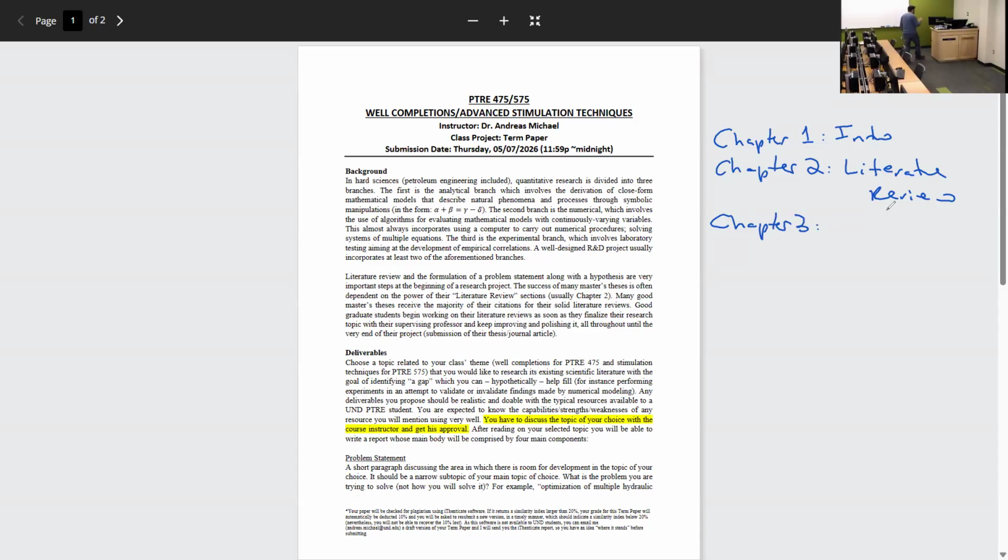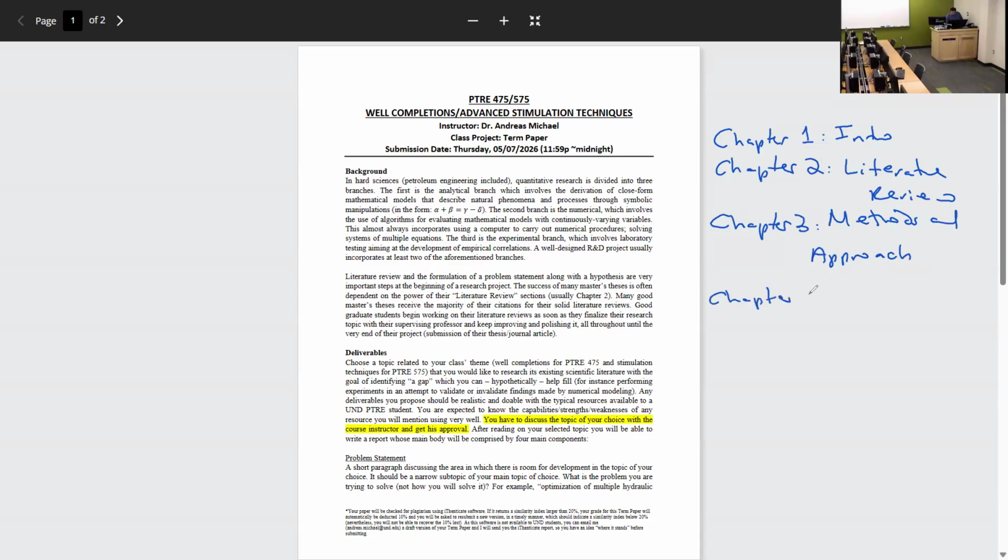Because methodology really means a study of the methods. This is your methods and approach chapter. It can be called experimental approach if it's experimental work that you are doing, or experimental design, or model development, or methods and approach, or just methods, but not methodology. Methodology is like comparing different methods.